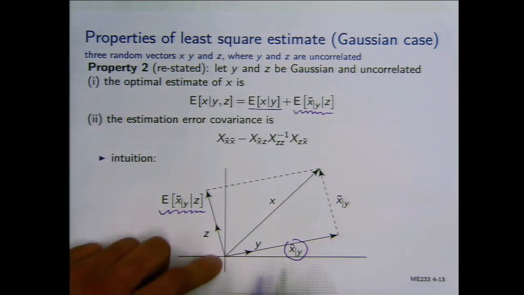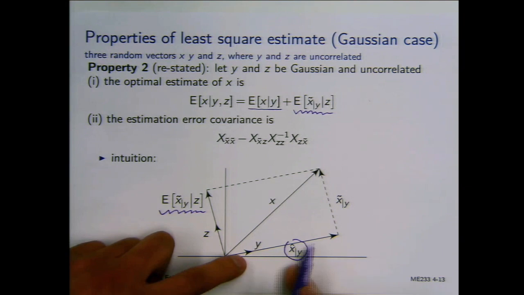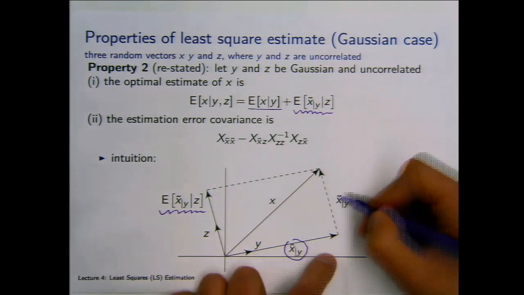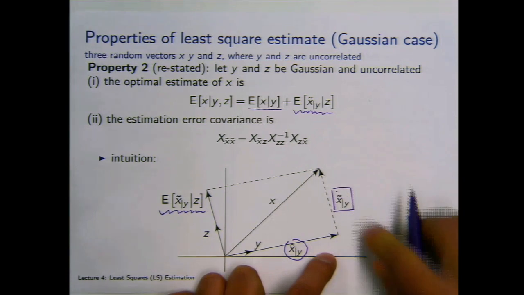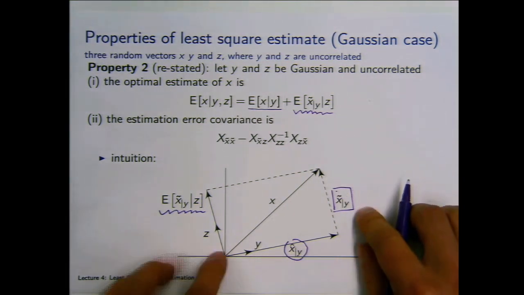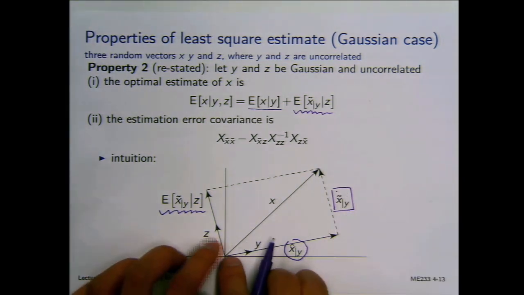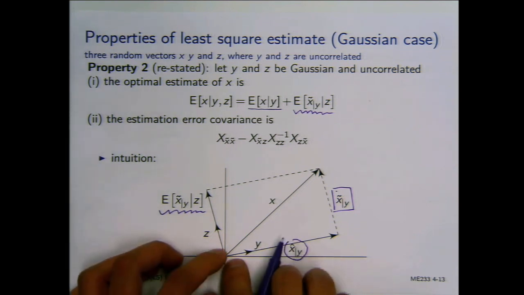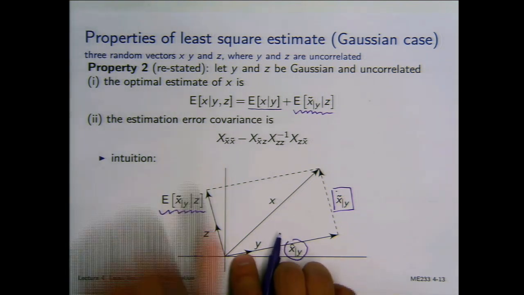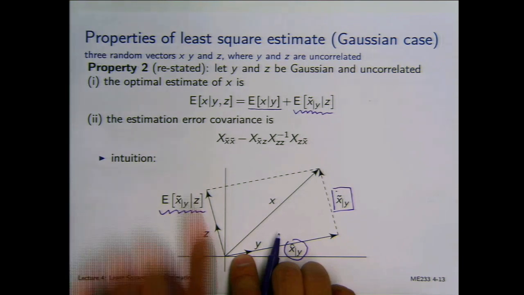Okay? So, yeah, let me explain. This is the residual after I have used information of y. Now I have a second measurement z, which can provide me information of x along this direction. Right?